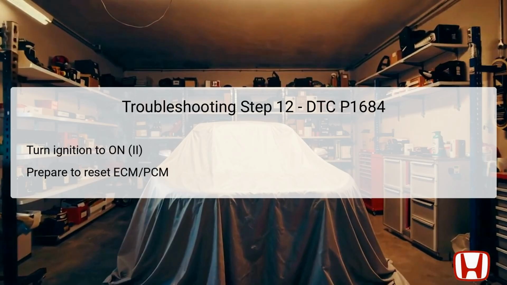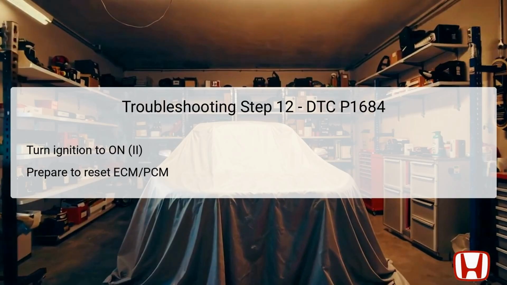In Step 12, the technician must again turn the ignition switch to the on second position. This action prepares the vehicle systems for a reset of the engine control module, ECM, or powertrain control module, PCM. By doing so, the technician ensures that any modifications, whether through repair or cleaning processes, are acknowledged by the vehicle's onboard computer systems.